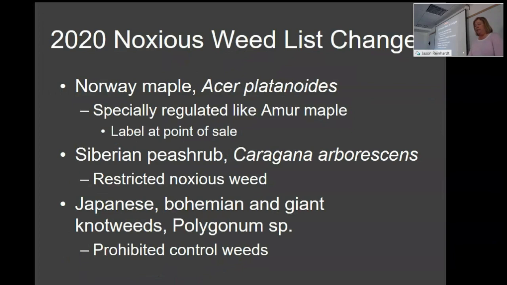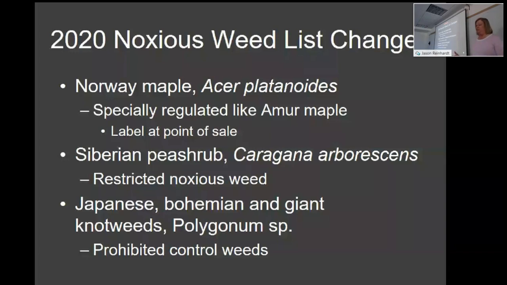First on the list, and probably of interest to foresters here, is Norway Maple. Norway Maple will have very similar regulation to Amur Maple, where at the point of sale there will be a label with this plant that says, do not plant within 100 yards of natural areas.